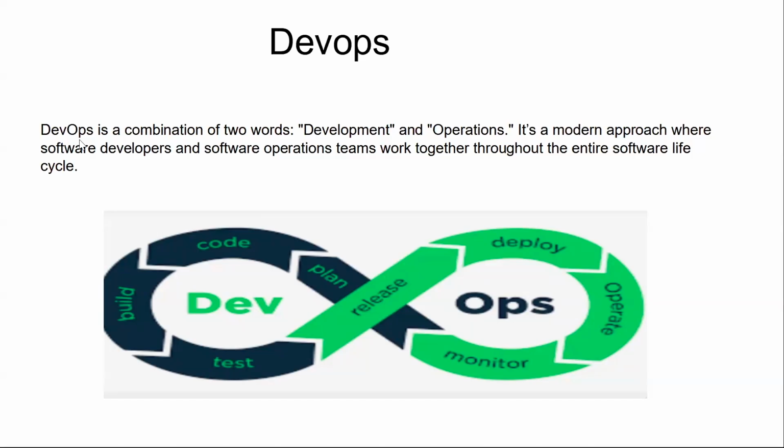So it's not just the developer who's independently working, but also the operations team who are working on the particular project. They have to work hand in hand to release a particular software. Mainly teamwork is important, and how you're communicating to get the result.